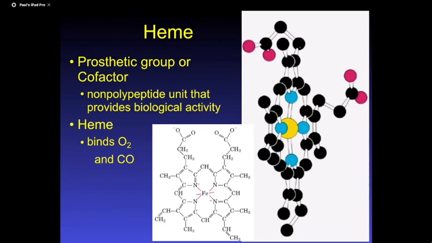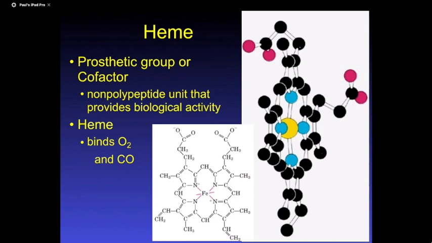Quite often, cofactors are derivatives of vitamins. Okay, this one isn't, but a lot of times a cofactor that is used by a protein is from a vitamin. Heme binds two molecules very tightly, oxygen and carbon monoxide. Okay? Both have similar structures. They are linear, and they really look very similar.